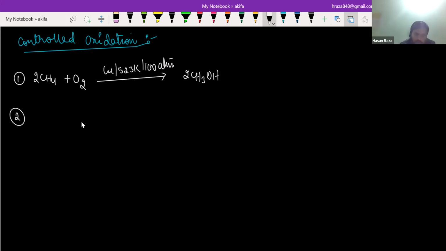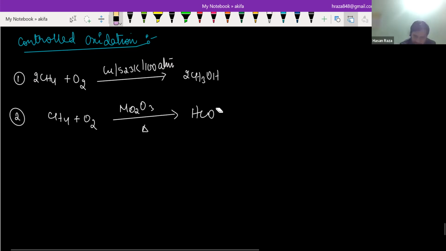If I change the situation, 1 mole of CH4 reacts with 1 mole of O2 in the presence of molybdenum trioxide, and we heat it, then aldehyde will form.